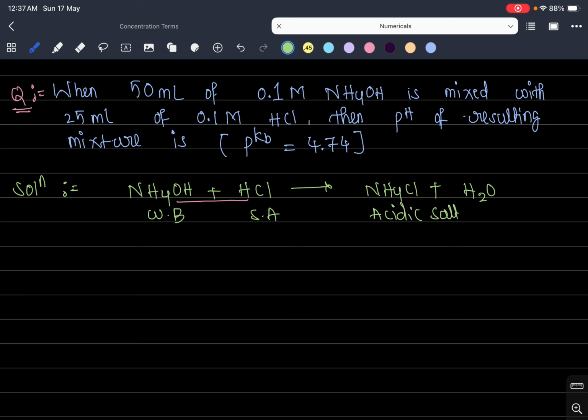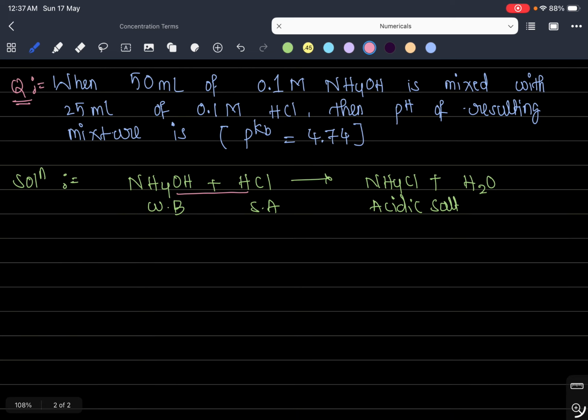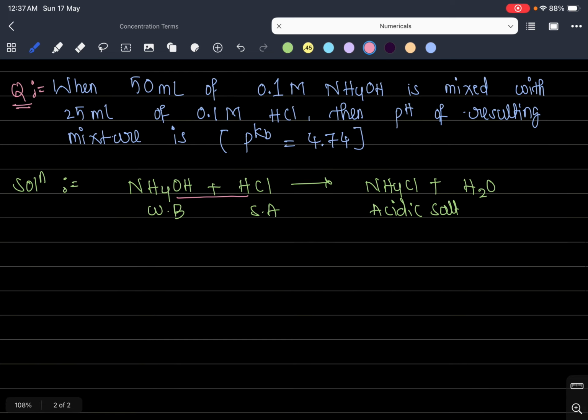Then what we are supposed to do is calculate the number of moles. Molarity is equal to number of moles by volume. So to calculate the number of moles, you take the molarity into volume, and the volume here you consider in liters.